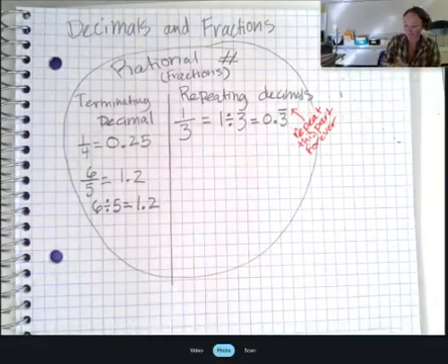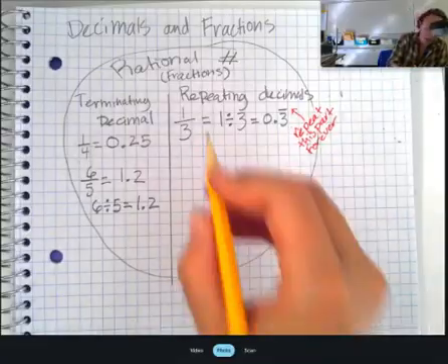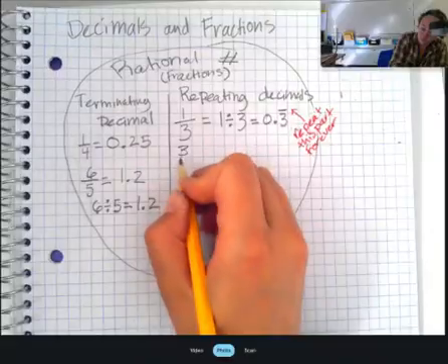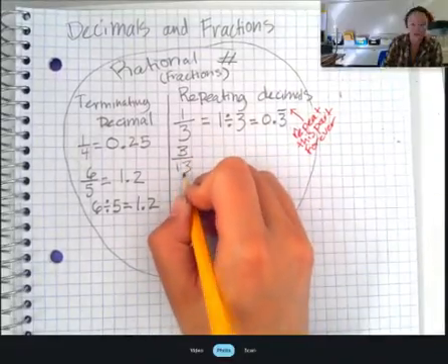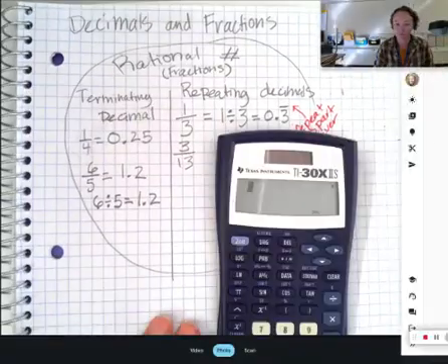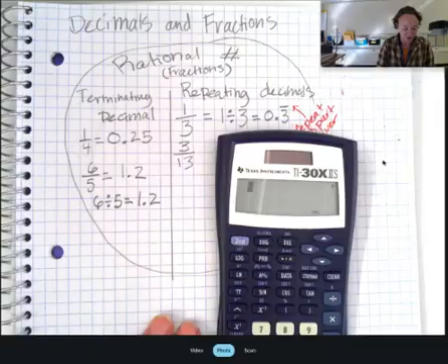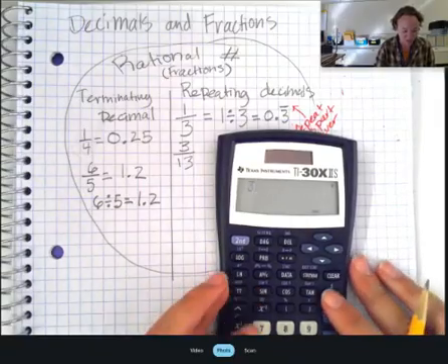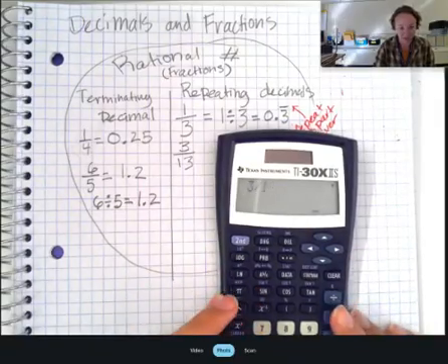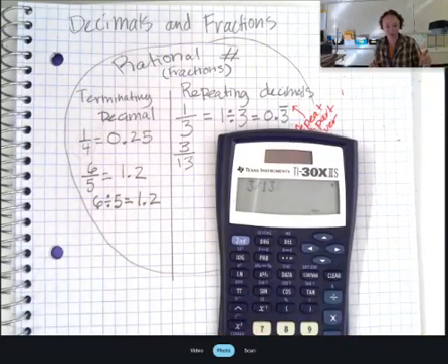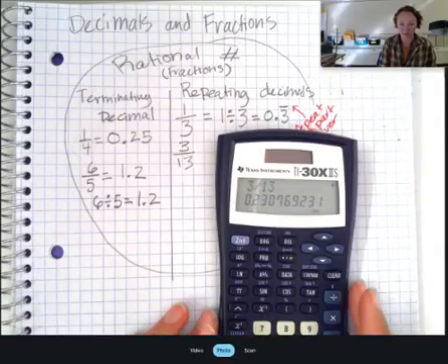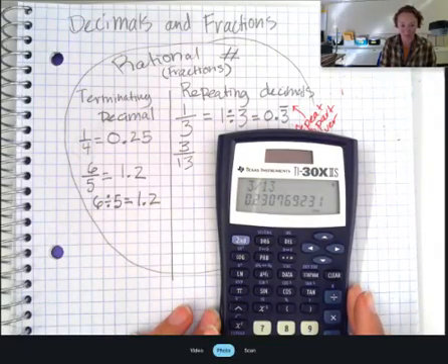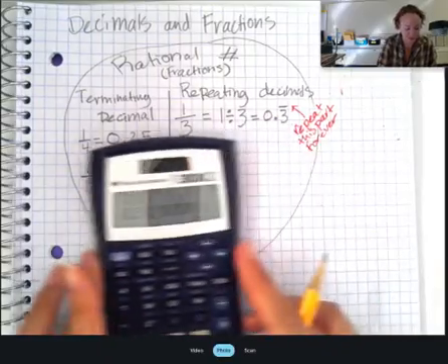They can look weirder. So let's say we had 3/13. So you're going to type in 3 divided by 13. That's how you get a fraction in the calculator, with division. And oh boy, that almost looks random. Let's start copying it down and let's see what happens.